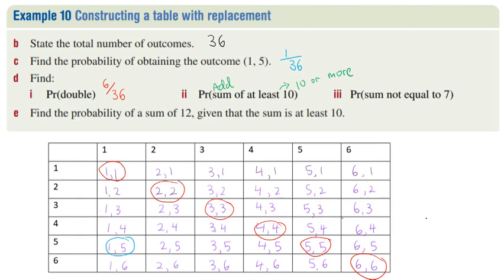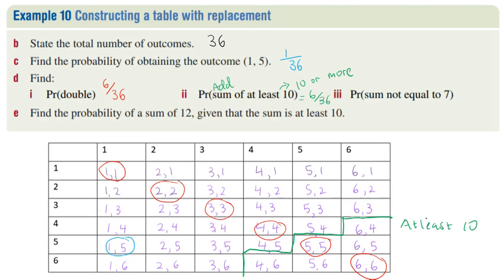That is this, this, this. These are the ones that are at least 10. We've got a 10, an 11, 10, 10, 11, 12. So there's 1, 2, 3, 4, 5, 6. So 6 out of 36.